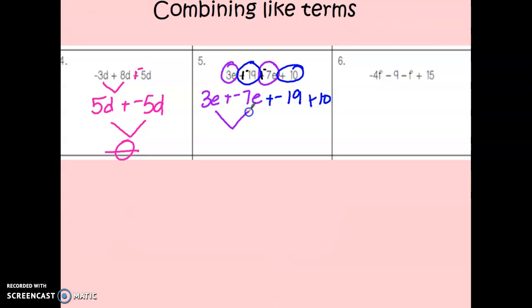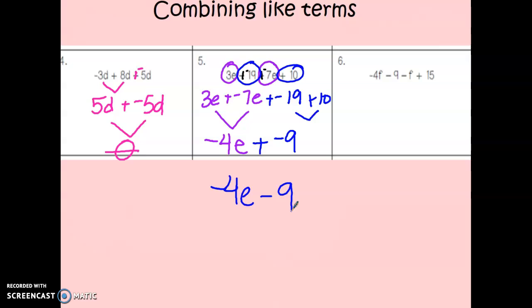Okay, this would give me negative 4e. You guys, don't forget your integer rules from the first unit. All right, and then we have negative 19 and positive 10, which gives me negative 9. And I can rewrite that as negative 4e minus 9. Those are equivalent expressions.